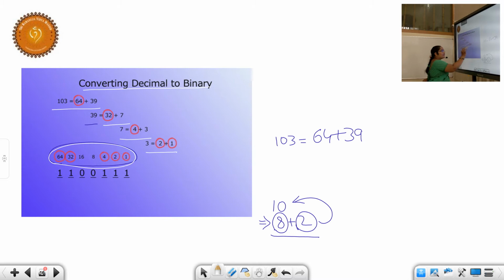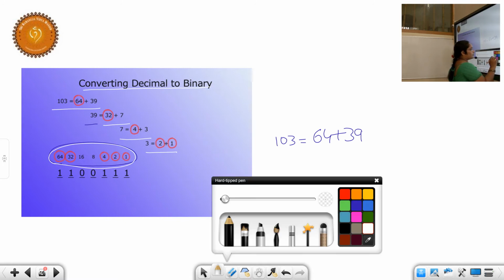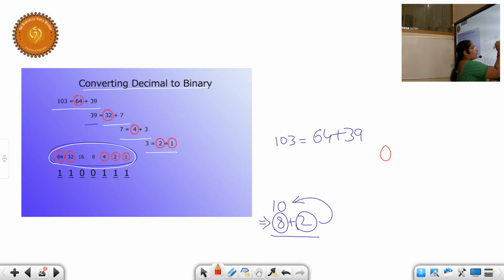Where we have these numbers, that can be represented as 1. It means true. 0 represents false. In binary format, 0 is represented as false and 1 is represented as true.